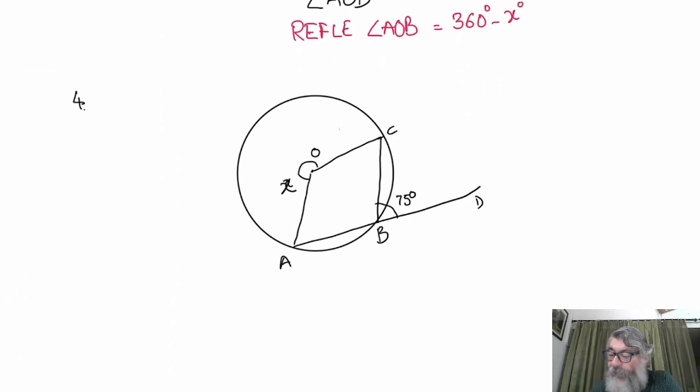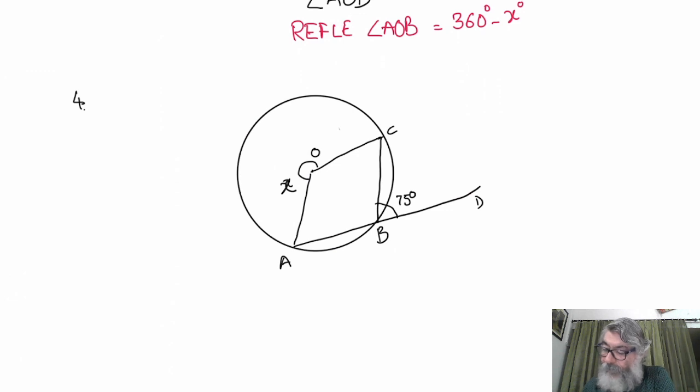We have to calculate the reflex angle AOC. When I say reflex angle, that means it is greater than 180 degrees. If I say AOC, that will be less than 180 degrees. So first of all, what I am going to do is calculate angle ABC.